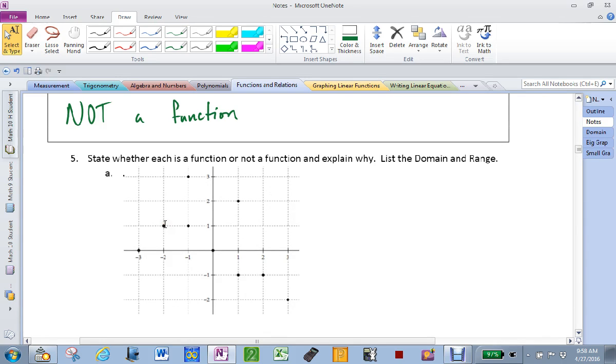Alright, so you have 2 jobs with these next 3 little graphs. 1, tell me if it's a function or not, and then list the domain and range. First one is easy. It's exactly like the last example I gave you. So first of all, check if it's a function. Is it graphed? Yep. So can you use the vertical line test? Yep. Do you have to slide it all the way along, or do you only have to check at certain inputs? Why is it only at certain inputs?